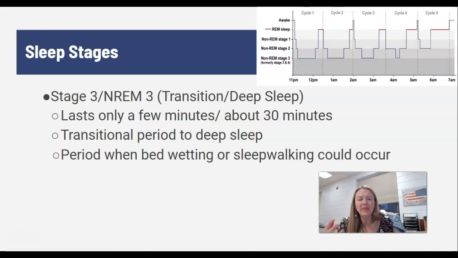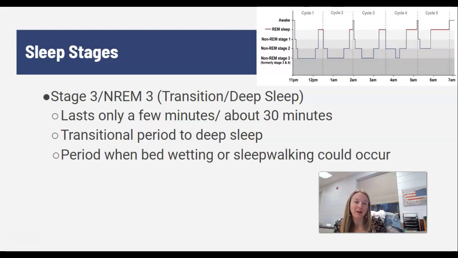And that is because, particularly between the ages of 3 and 12, kids spend a much longer time in deep sleep, and their deep sleep is much deeper than an adult's sleep. So they might not wake up at the sensation of a full bladder that an older person would, because that sleep is so deep. The sensation of the full bladder is not going to wake them up.